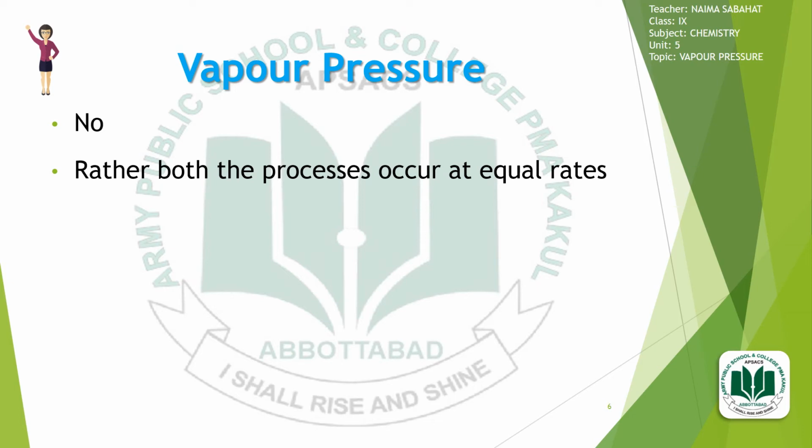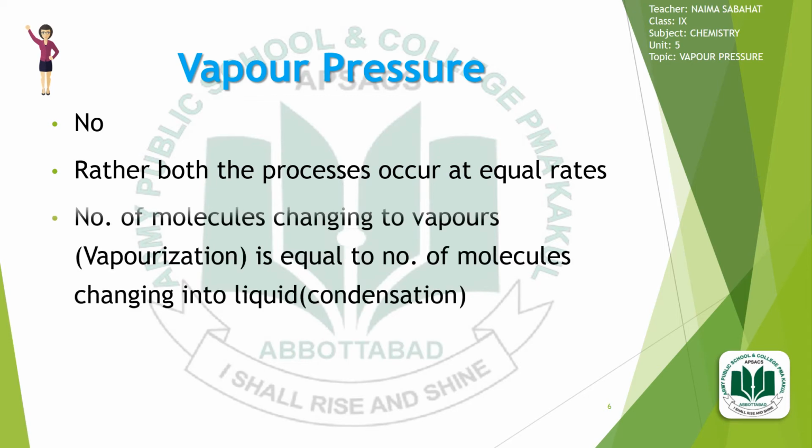Which processes are those? Those processes are the process of evaporation and the process of condensation. The number of molecules changing to vapors, the process named vaporization, is equal to the number of molecules changing into liquid, that is condensation. At this stage, equilibrium is established.